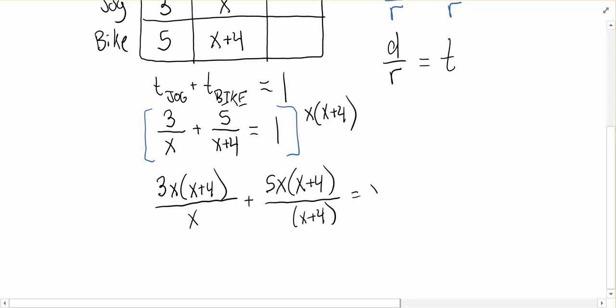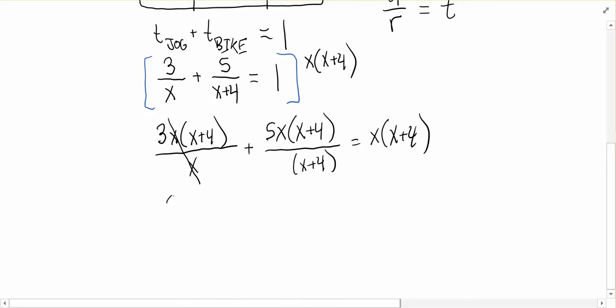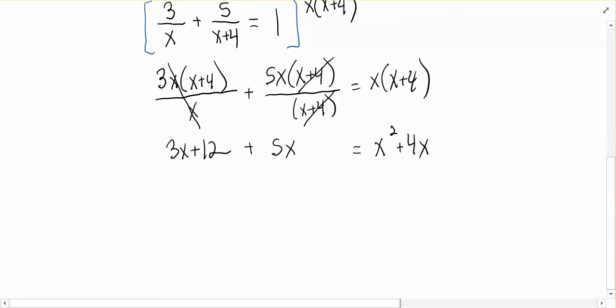The goal here is to get rid of the fractions. In the first fraction, the x's divide out, leaving just 3x plus 12 as I distribute the 3. In the second fraction, the x plus 4's divide out, just leaving the 5x. And on the right-hand side, I could distribute the x across, getting x squared plus 4x.